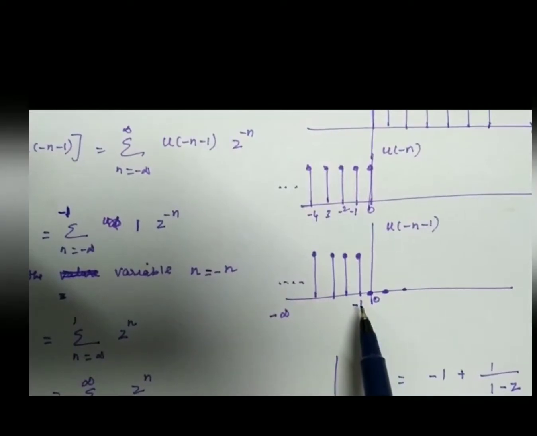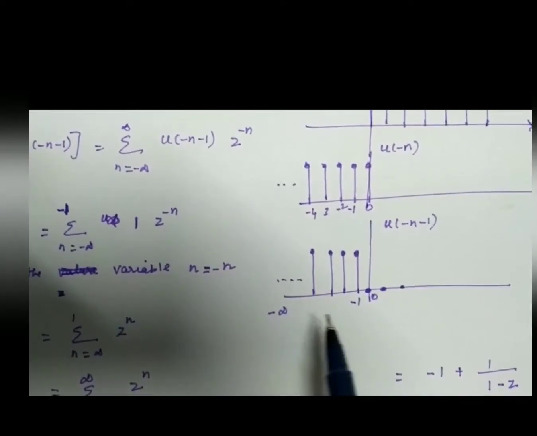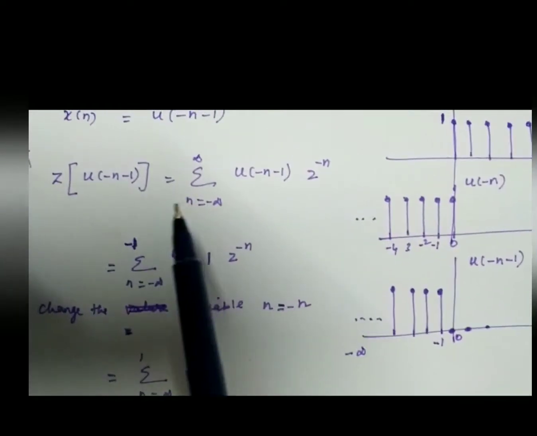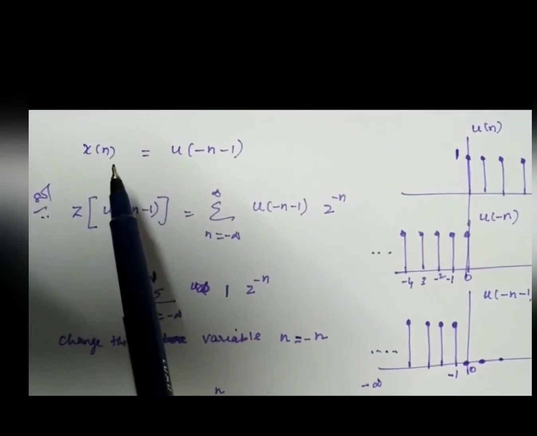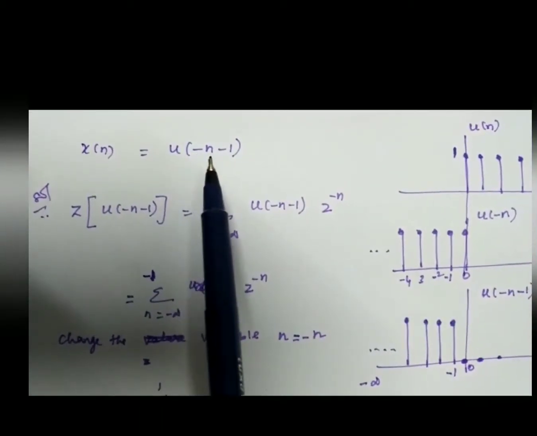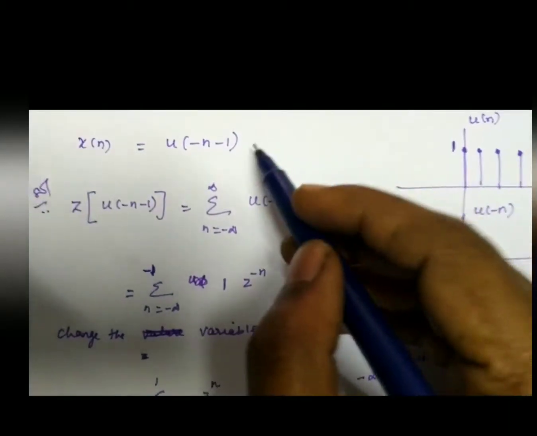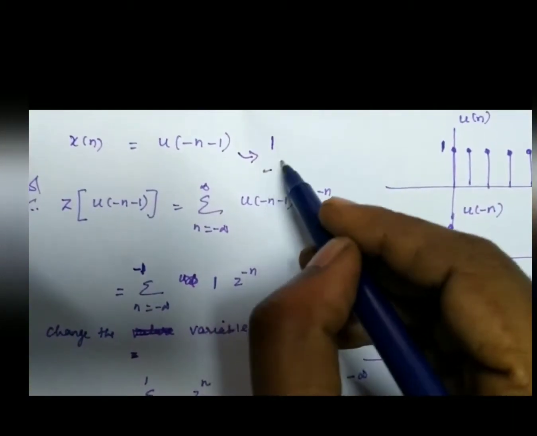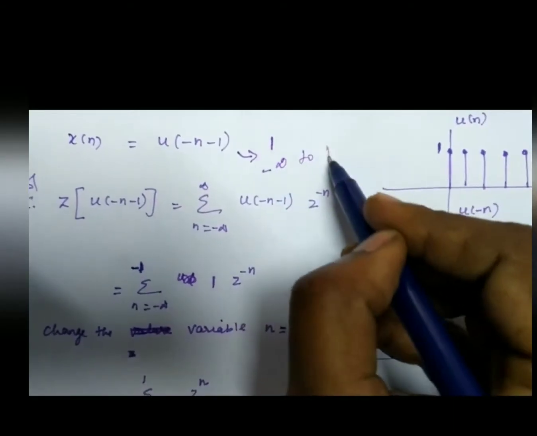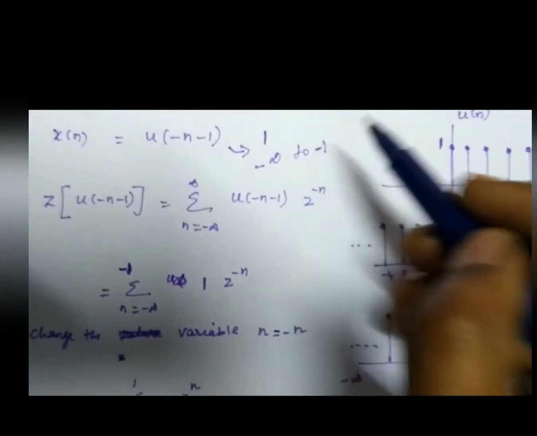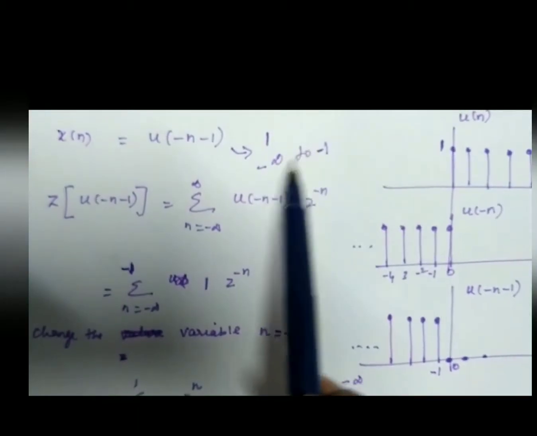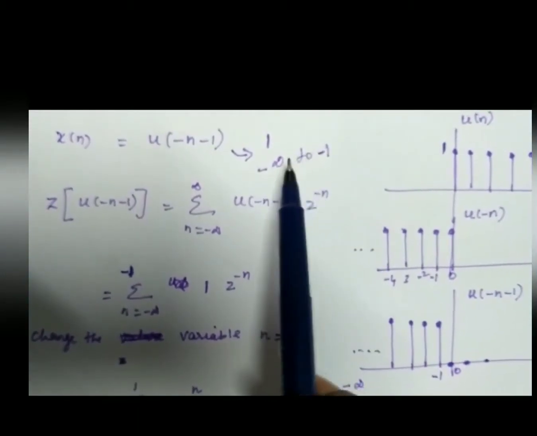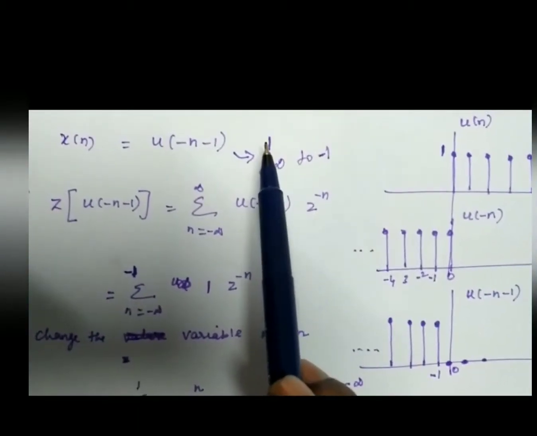So here we know that this is u of minus n minus 1. This step signal has function value 1, starting from minus infinity to minus 1. So in this interval this sequence is available, whose function value is 1.